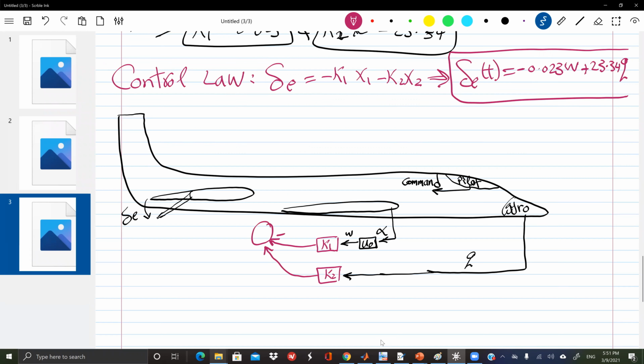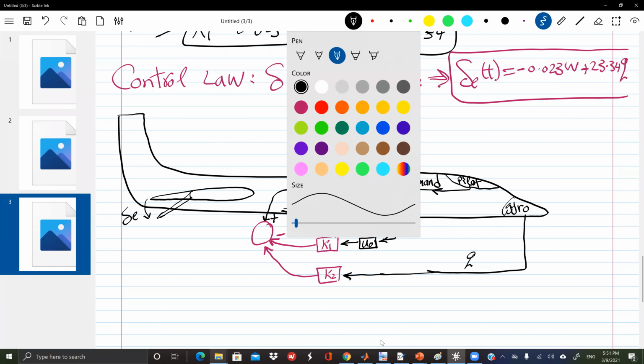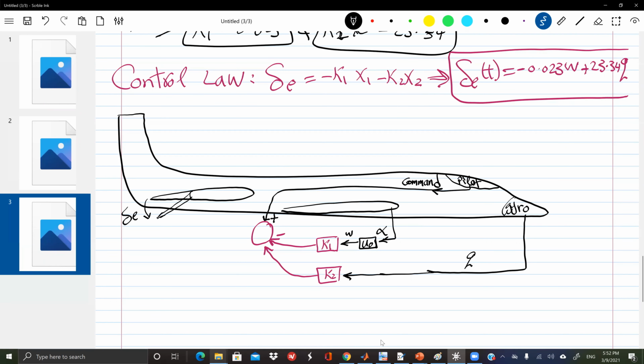This is negative feedback, in addition to the pilot command, right? And the result is what goes to the elevator servo. Here is a servo motor for the elevator that moves the elevator.